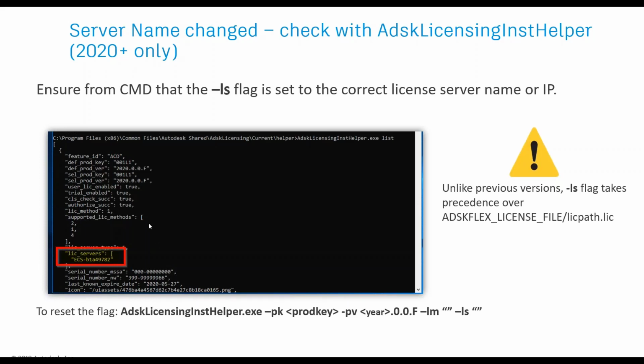Once we do that, and then we launch the software again, we'll be asked for the new value that will be entered in here. So it's a little bit different from previous versions, and it's always good to remember to check this value in case you are getting an error when trying to pull a license.